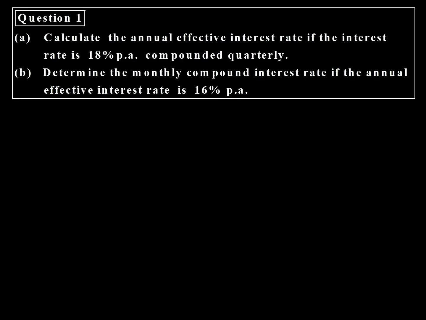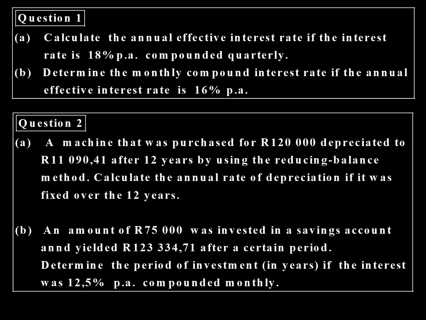Now let's just briefly look at these exercises. The first one there is a question that has to do with what we did, annual and effective interest rate, right? There we have the conversion there. Here we have questions about depreciation, calculate the annual rate, and here we want the period.